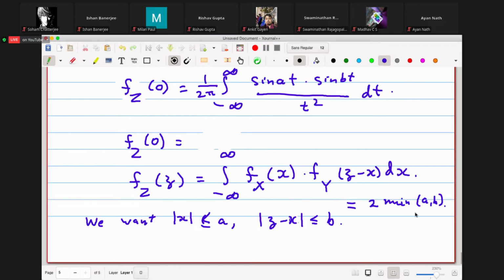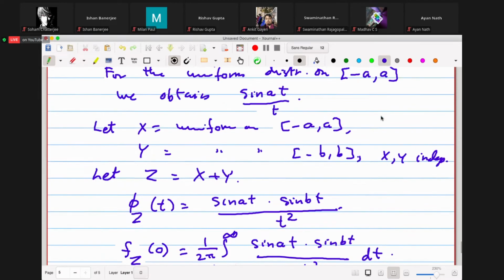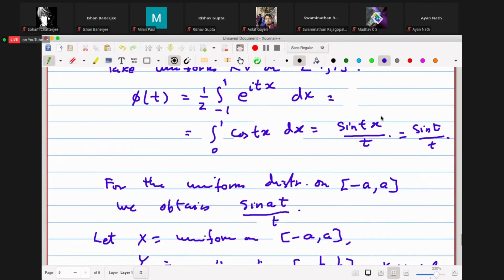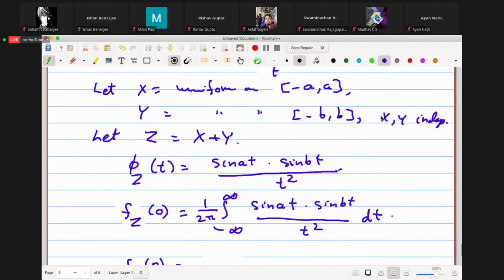So suppose that x is exceeding this, and x is positive. We are assuming that a and b are positive. I forgot to say that. And I'm already writing minus a to a, right? So a is positive for me.